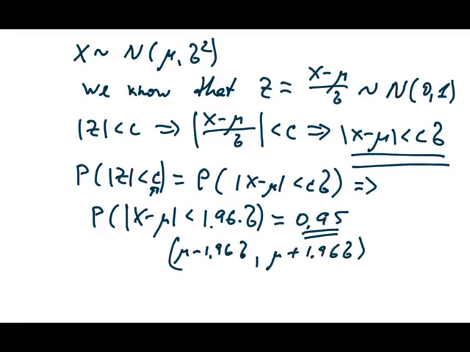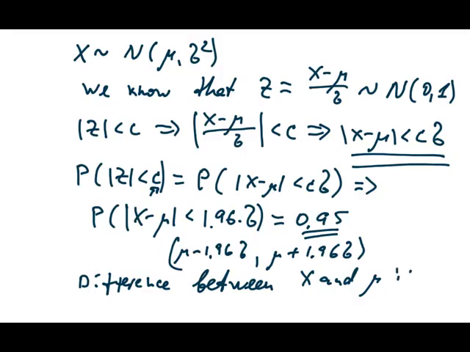So the difference between x and mu is smaller than 1.96 times sigma.